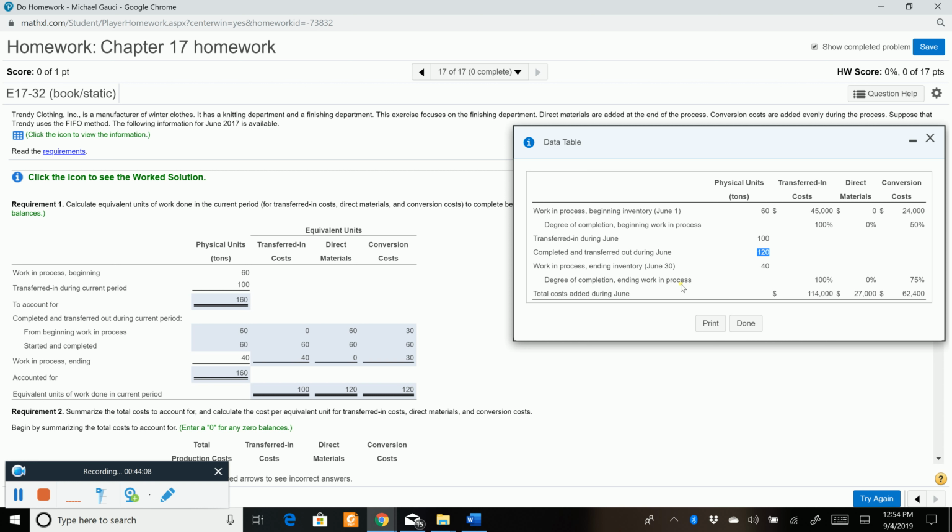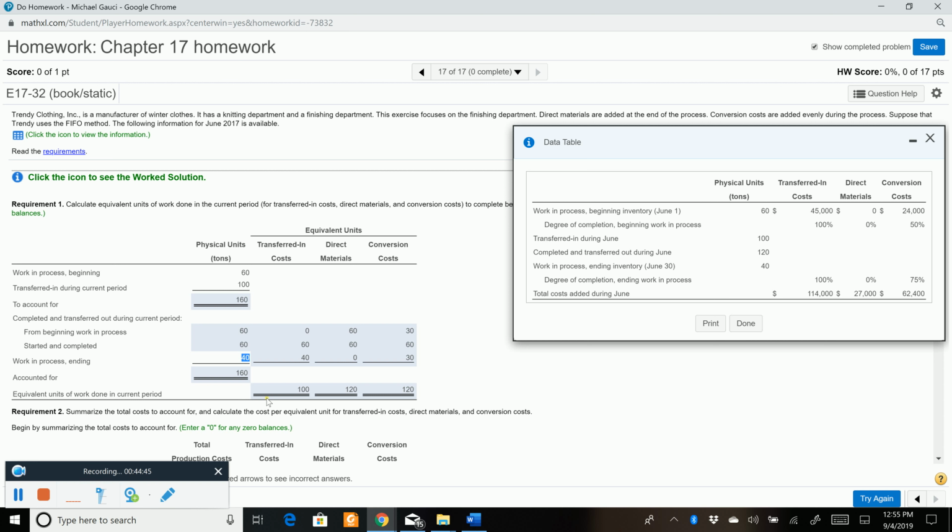Because we are using FIFO, out of the 120 units that were transferred out, 60 came from the beginning WIP, and that means the other 60 were started and completed, both started and completed in the current period. And that means if 120 were transferred out and we need to account for 160, the remaining 40 are in ending WIP. So basically, that is just looking at the flow of physical units.